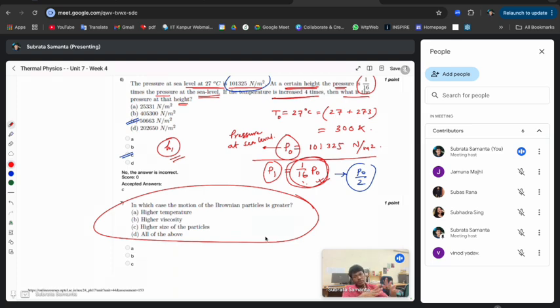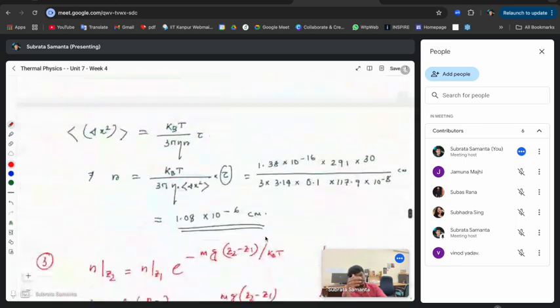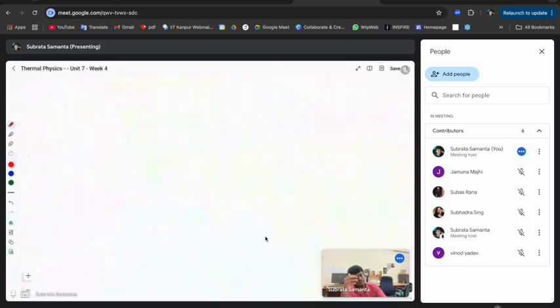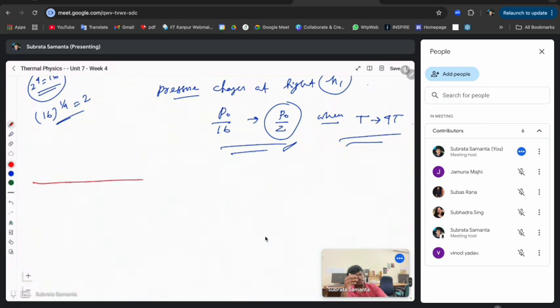What are the ways to increase the motions of Brownian particles? Recall your class notes.